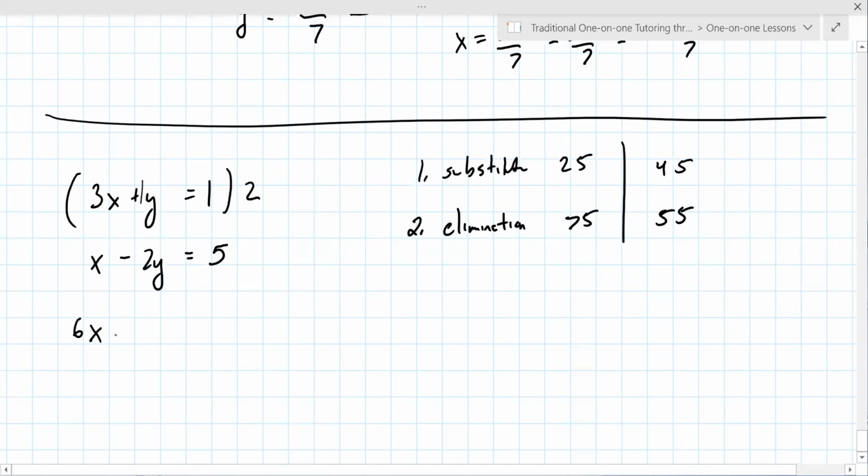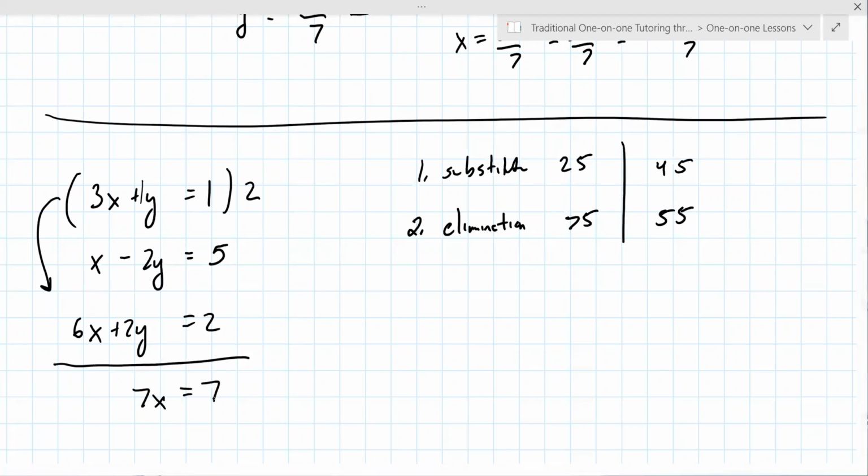This is 6x plus 2y equals 2. So then that would be 7x. Where'd you get the 7x from? Oh, I'm adding vertically now. Okay, my bad.